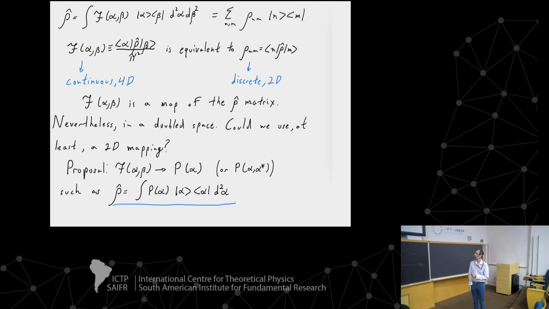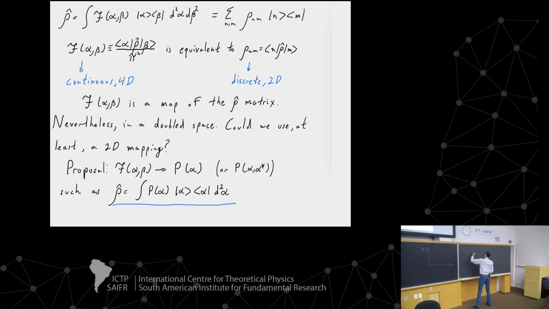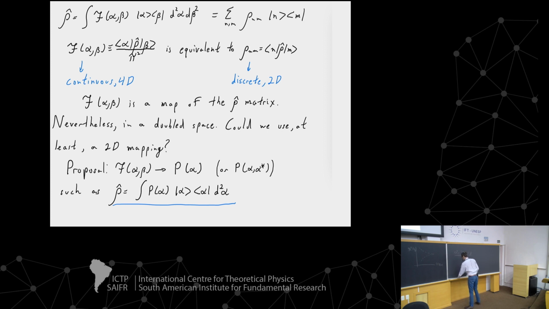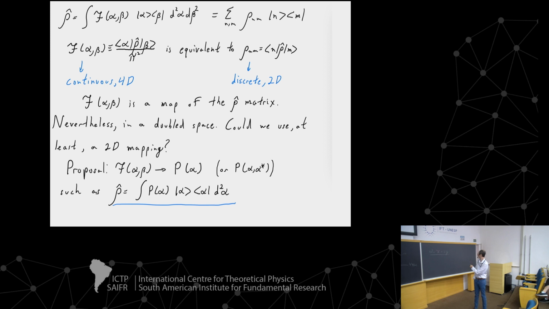So the first proposal is, let's have a try. Let's use the same beta equals alpha. So it will be a function P of alpha, or we can say P of alpha and alpha conjugate, or P of X and Y, where alpha will basically be a combination of these two real-valued observables.